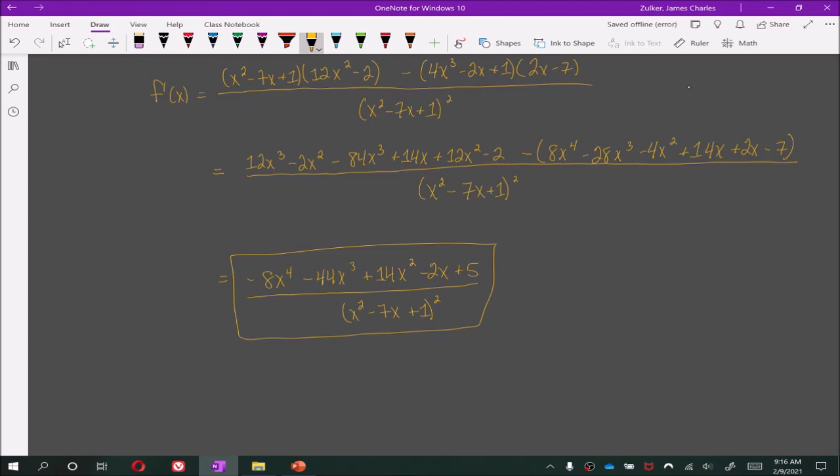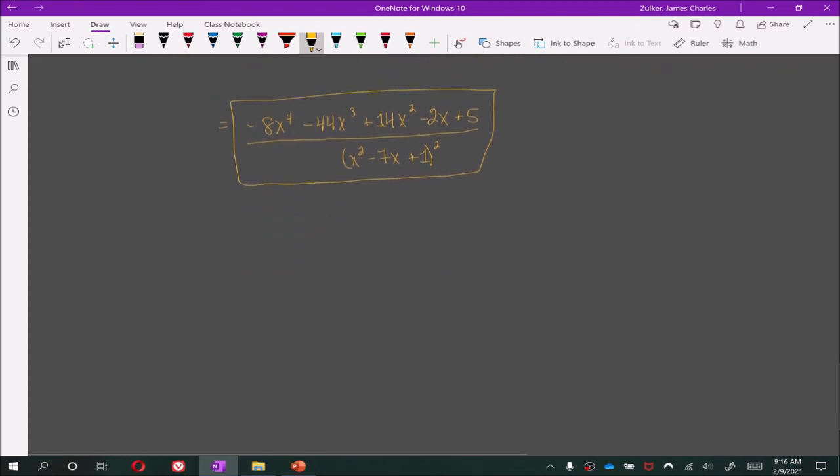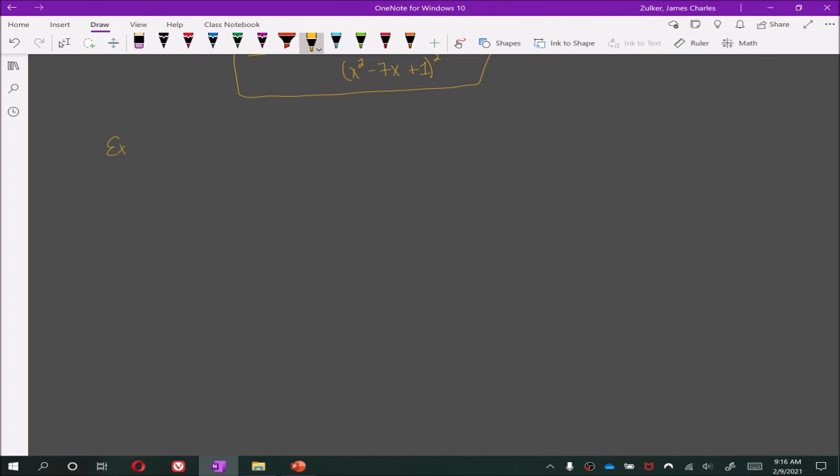And we have one last example. We want to find the second derivative of this function.